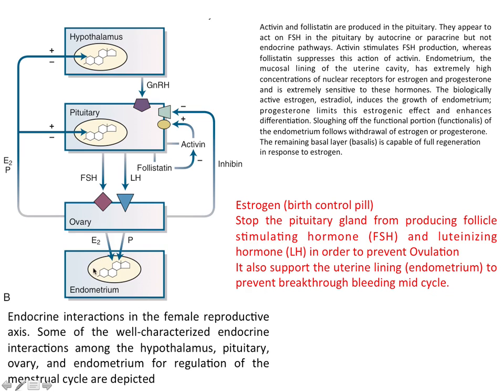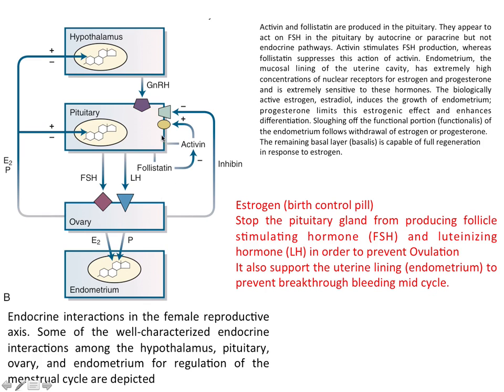These two hormones are steroid hormones, so the receptors for these two hormones are present in the nucleus of the endometrial cells. So here you can see the coordination between all these organs.